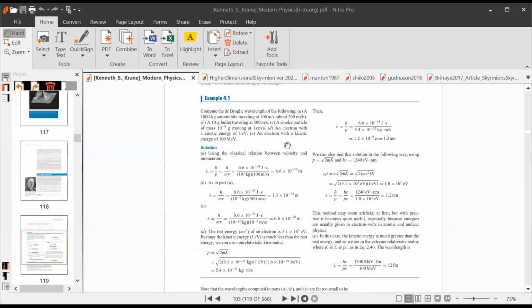Sorry, there is also an electron with kinetic energy 100 mega electron volt.